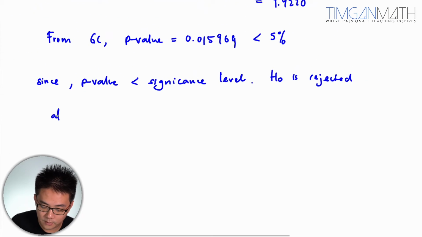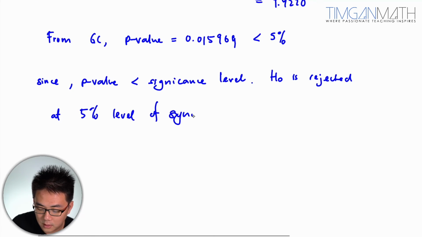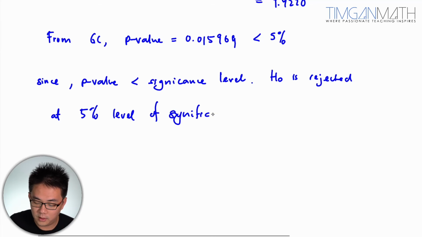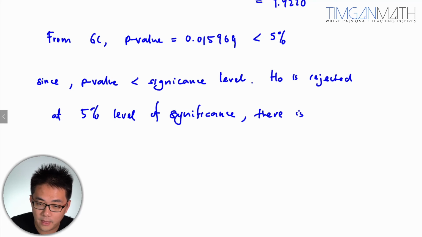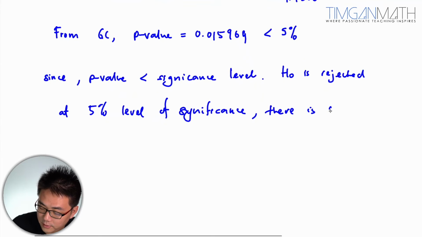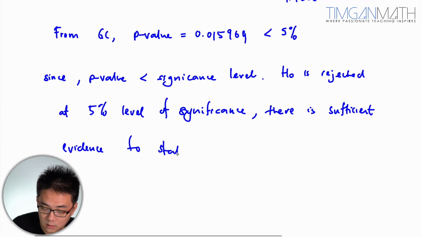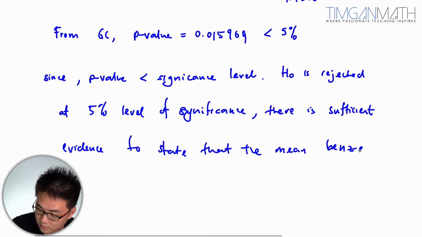At 5% level of significance, there is sufficient evidence to state that the mean benzene level has decreased.